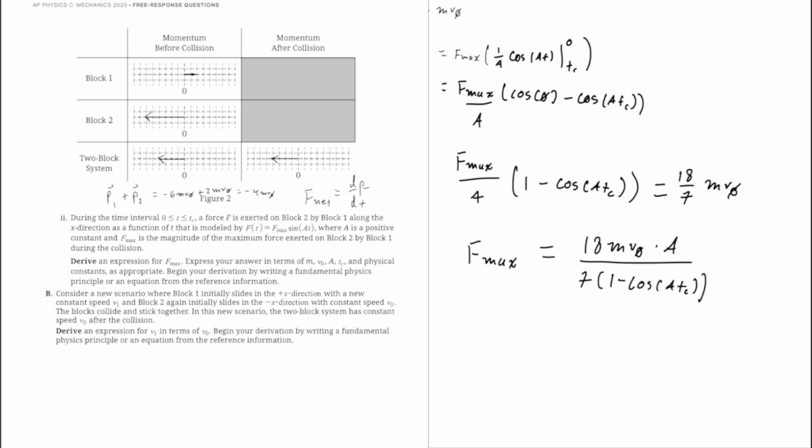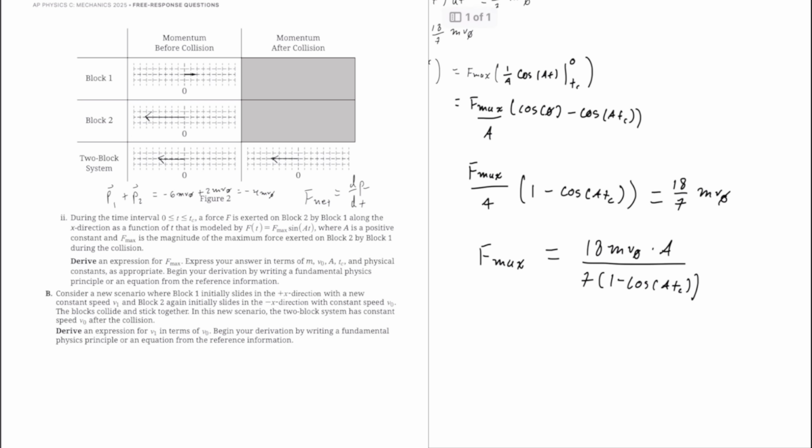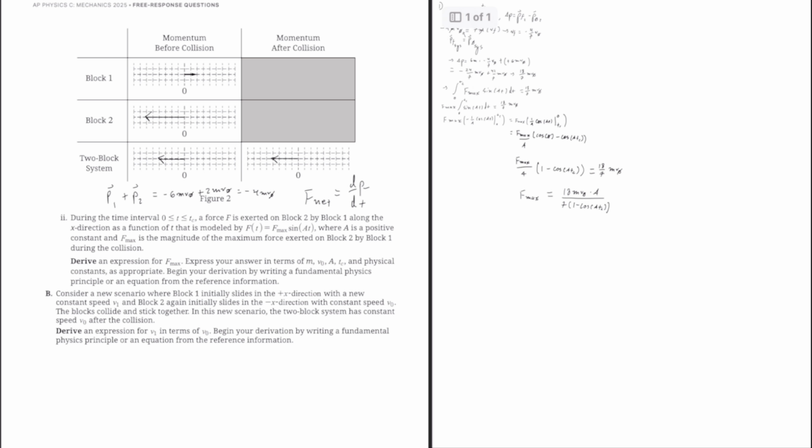That's what you needed to get. That's the right answer. Probably. Let's check. Did I make any mistake? Okay, sorry about that, guys. So yeah, this is the correct final answer here. 7, 1 minus cos ATC, and there, hopefully you guys understood the work to get there.